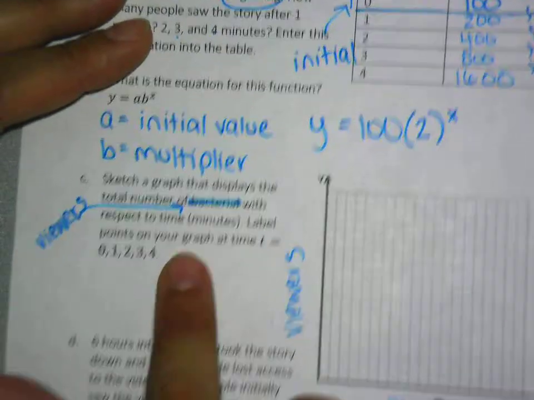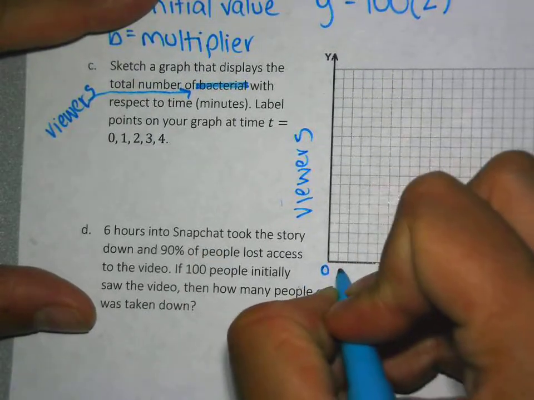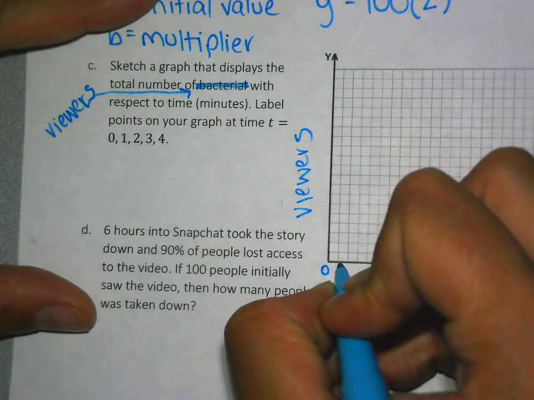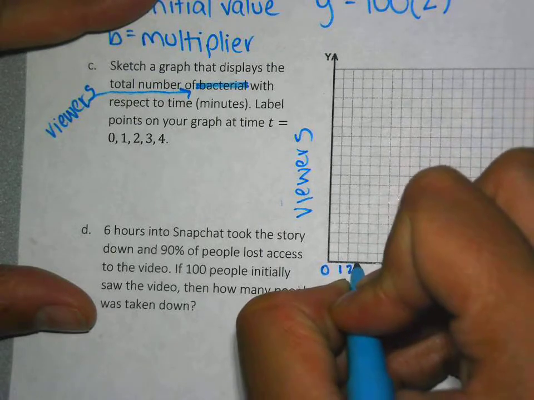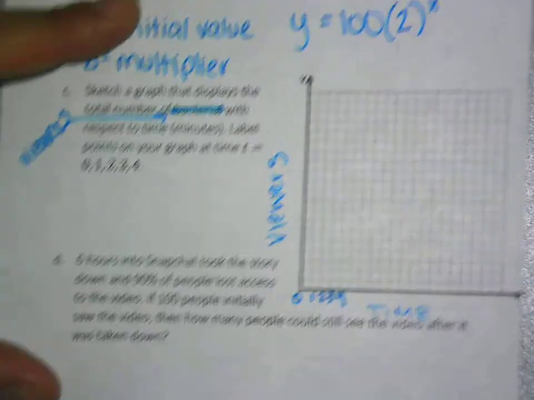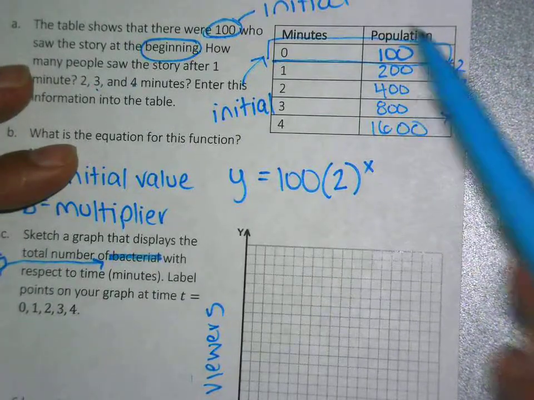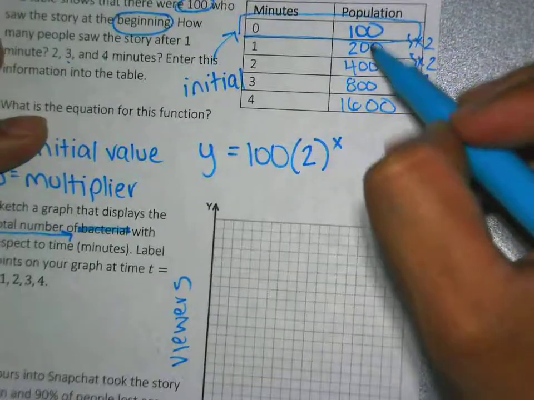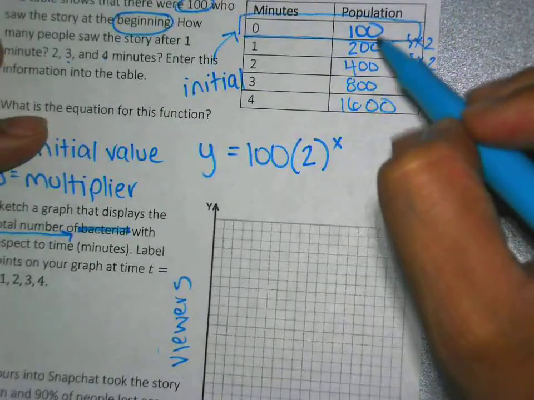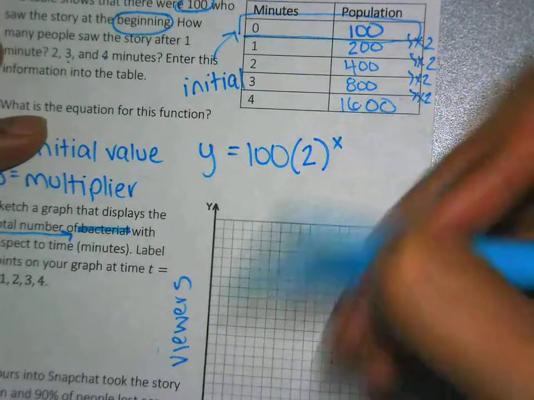So we want to go up to 4. So here is 0, 1, 2, 3, 4. I'm going to take the points that I've created in my table and just put them on my graph. We're going up by hundreds in the y value, so I'm going to count by hundreds on my graph.